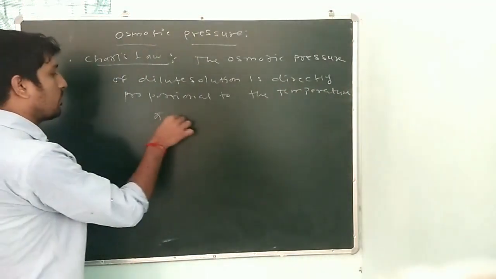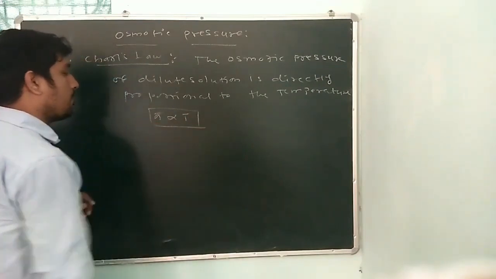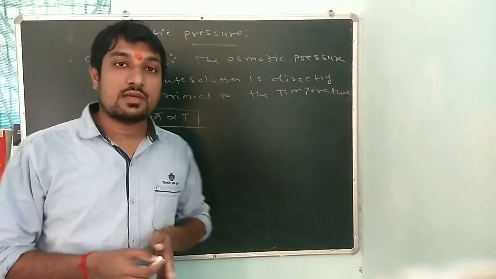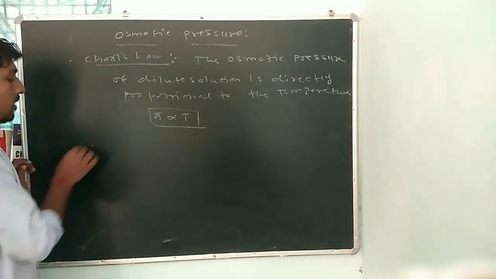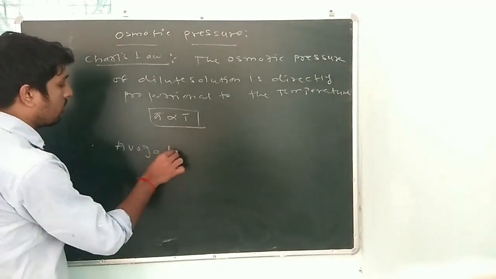Okay, so pi proportional to T. This is the equation of Charles's law. And what is the last theory? The last theory is Avogadro's.